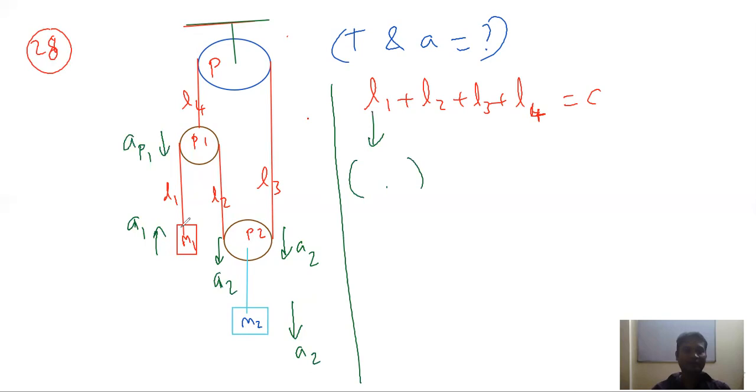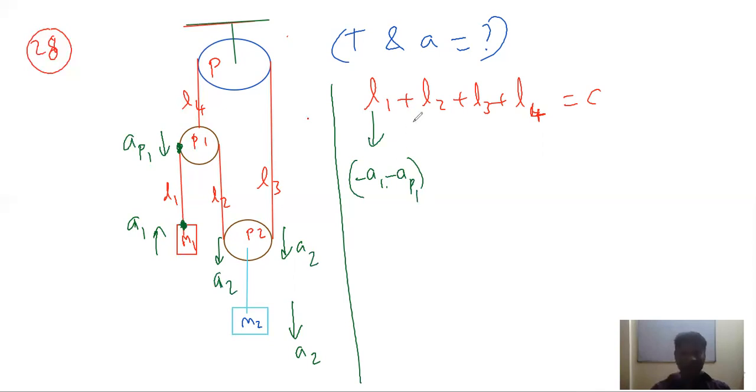So for L1, we have 2 points. One is this point, another is this point. This point is moving up with acceleration A1, leading to decrease in length of L1. So minus A1. This point is moving down, decrease in length of L1. So minus AP1.